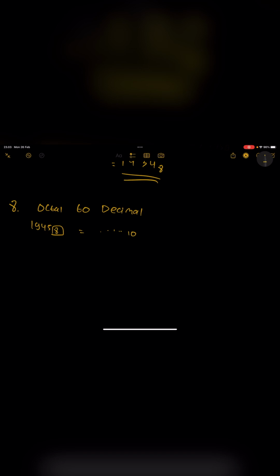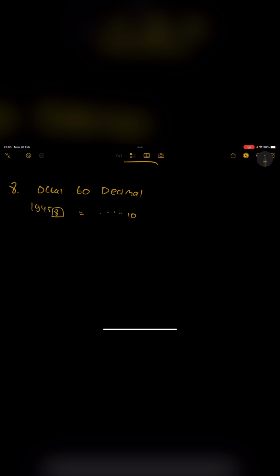So how to do it is just like from the last one. We put the value of the octal, and then we will times it with the basis of the octal. So we can write it from the MSB.